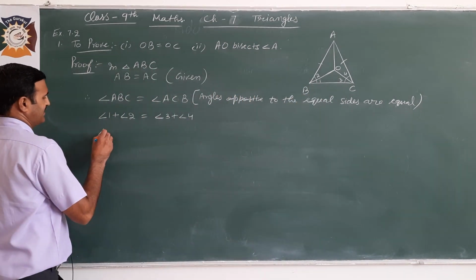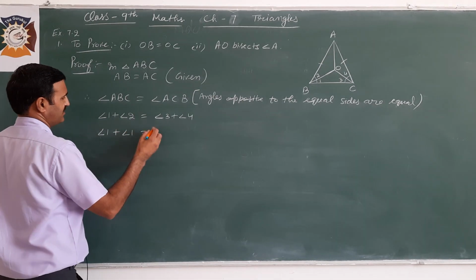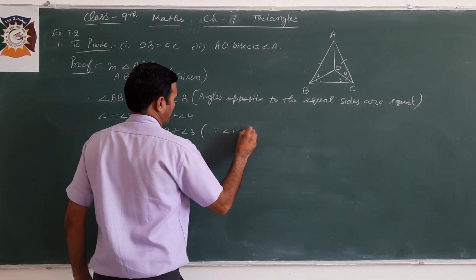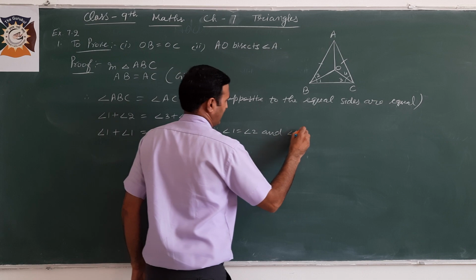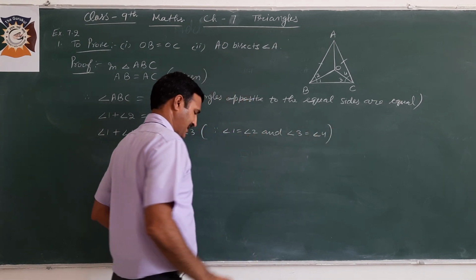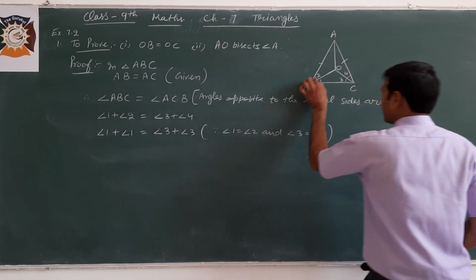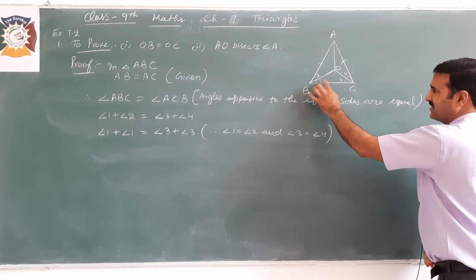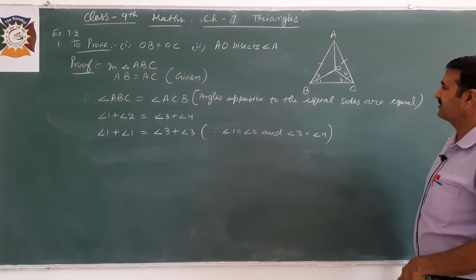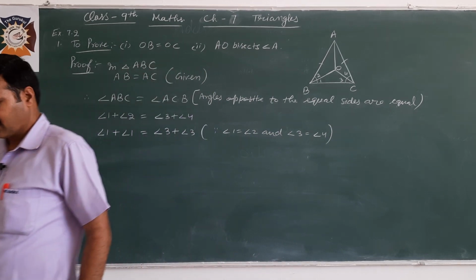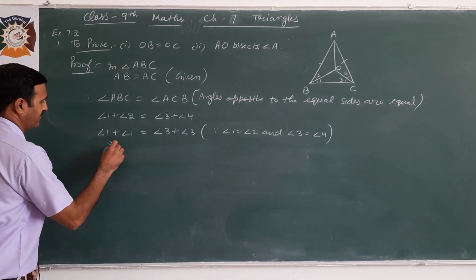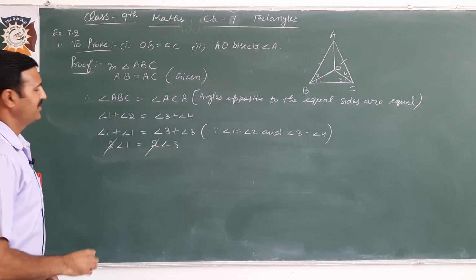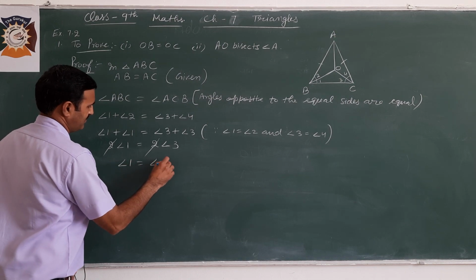So we can write angle 1, because angle 1 and 2 are equal. Similarly angle 3, because angle 1 is equal to angle 2 and angle 3 is equal to angle 4. Why have we written this? Because these are bisectors, given in the statement, BO and CO both are bisectors, so both parts will be equal. So this is twice of angle 1, this is twice of angle 3, twice cancels, therefore angle 1 is equal to angle 3.